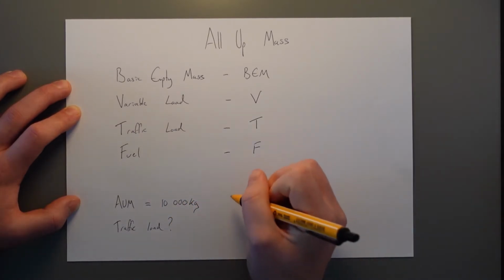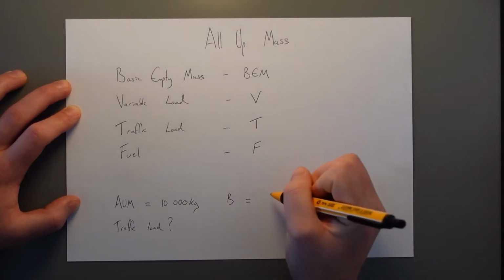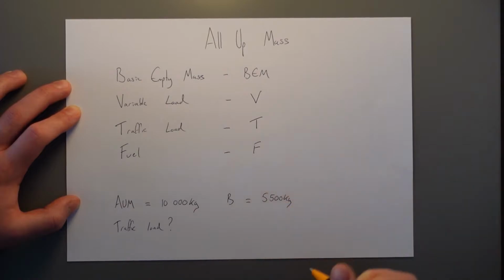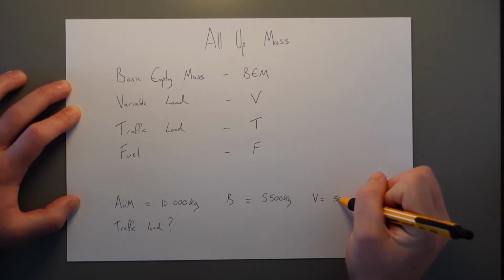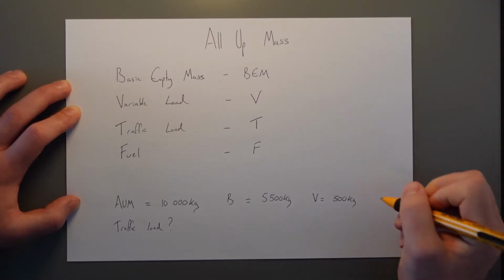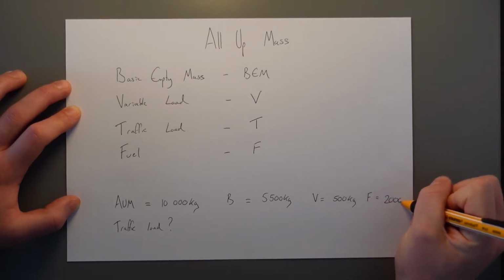We've been given the basic empty mass of 5,500 kgs. We've been given our variable load, which is 500 kgs, and our fuel is 2,000 kgs.